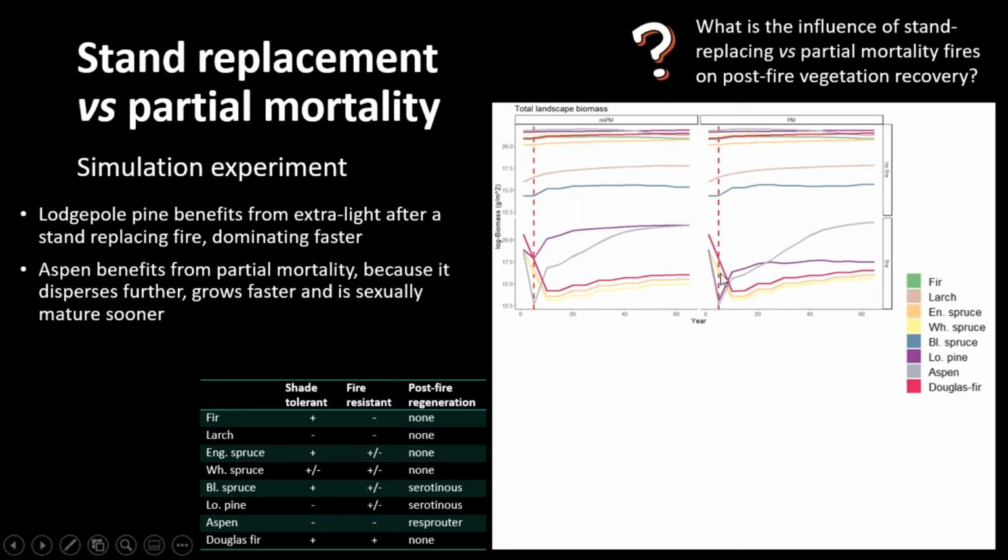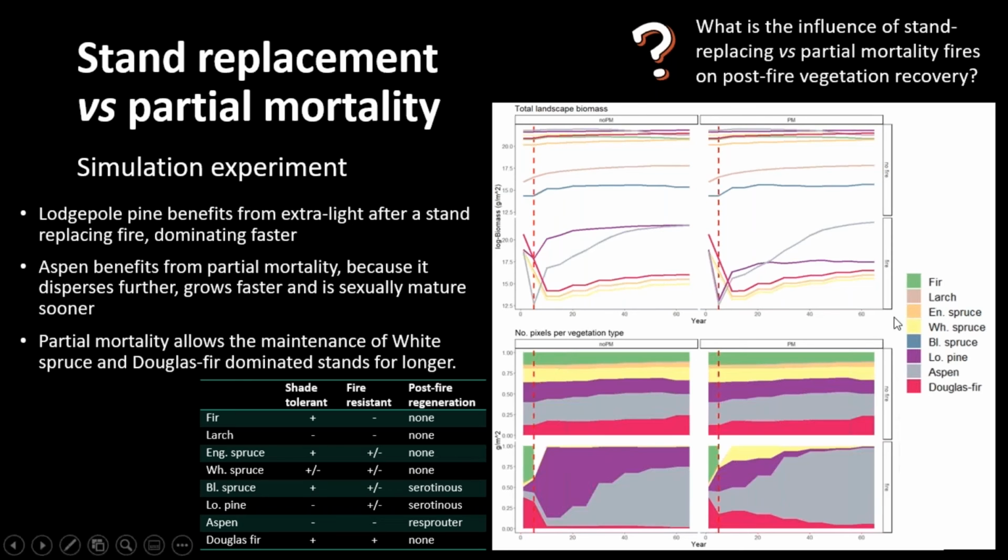But if we have a partial survival, it's not as happy with the shade, and the aspen really takes over really, really fast. It's interesting to see how the other species, in this case Douglas fir, white spruce, and Engelmann spruce, which were the species present in the fire location, don't seem to be so much affected in terms of biomass, at least, by these different dynamics.